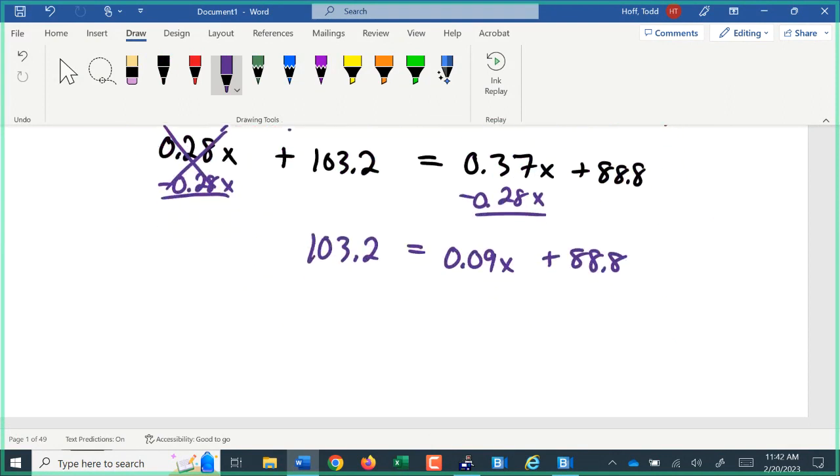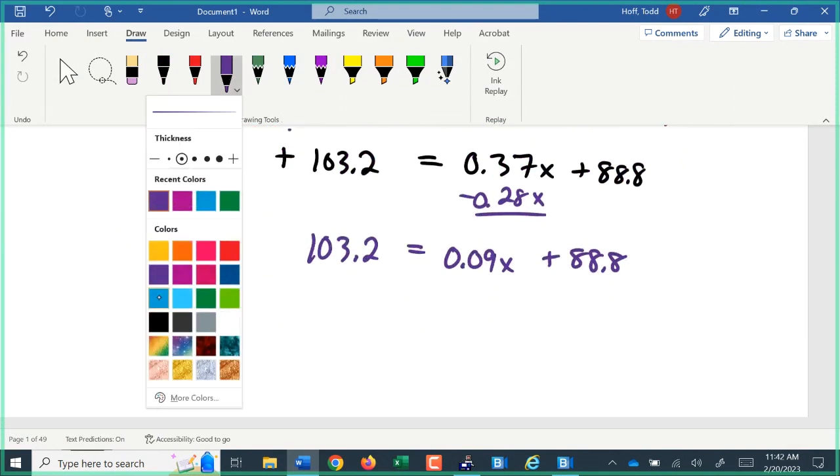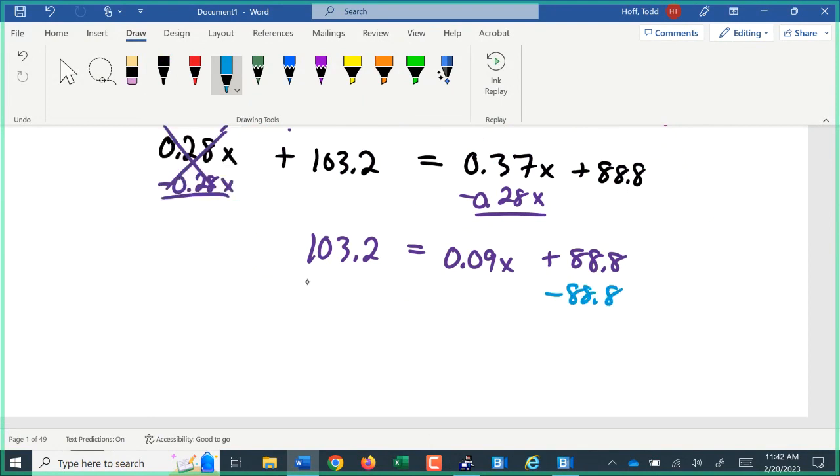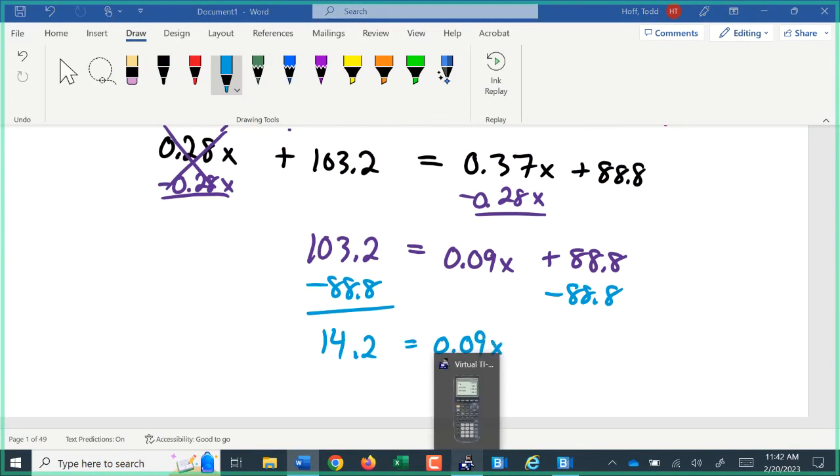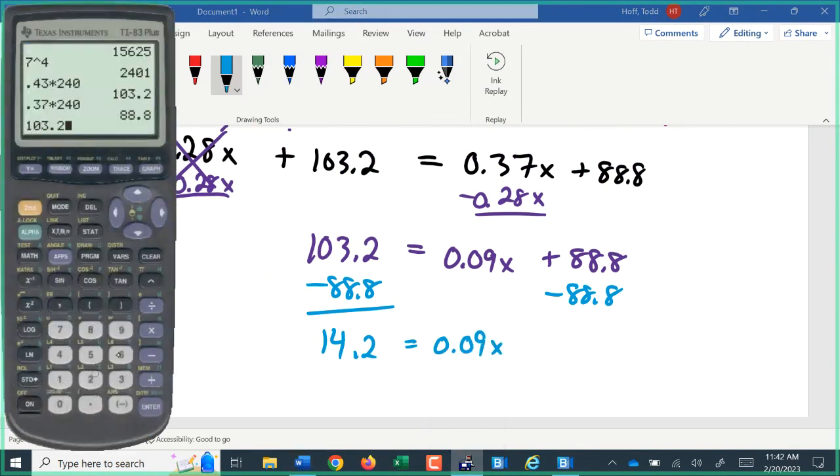Now we are ready to start solving this equation. So we'll go ahead and subtract 88.8. So 103.2 minus 88.8, I believe, is 15.2, sorry.